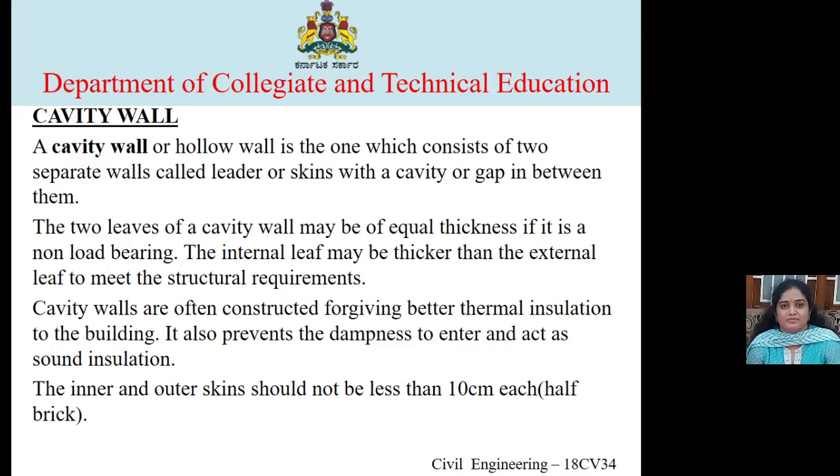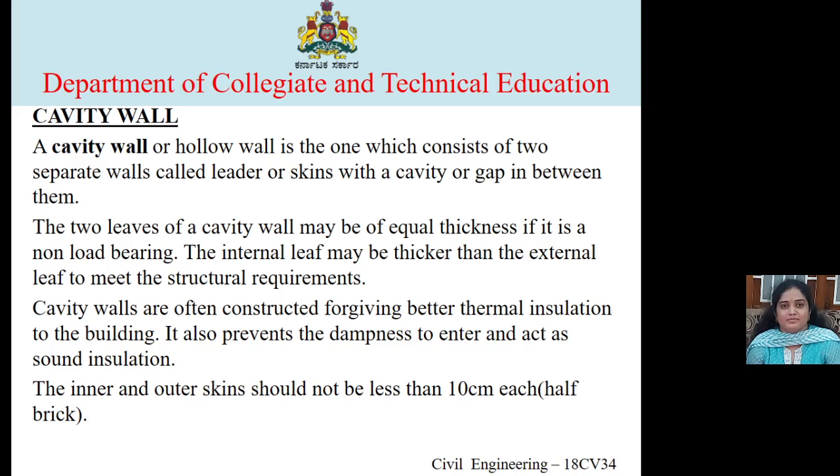So cavity walls are often constructed for giving better thermal insulation to the building. Wherever thermal insulation is necessary, cavity walls are the best solution. It also prevents dampness from entering the building and acts as a sound insulation.